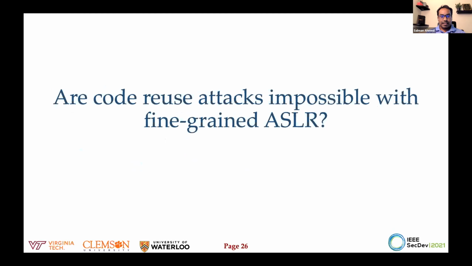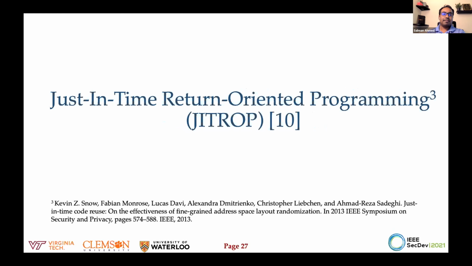So now, since fine-grained ASLR can protect from a single memory leak, are all code reuse attacks now impossible with fine-grained ASLR? The answer is no, because there are some advanced attacks, as Professor Young mentioned, like just-in-time return-oriented programming, which can work with fine-grained ASLR.